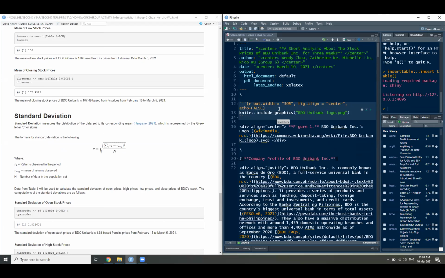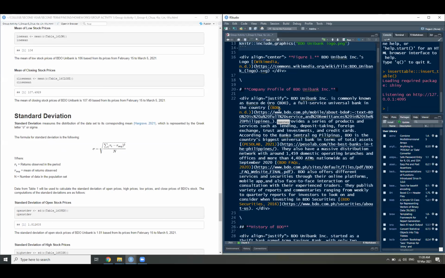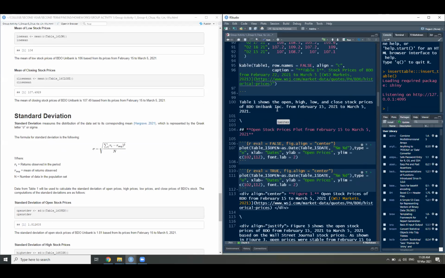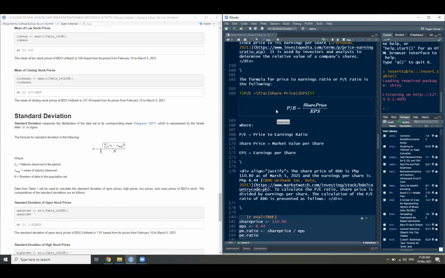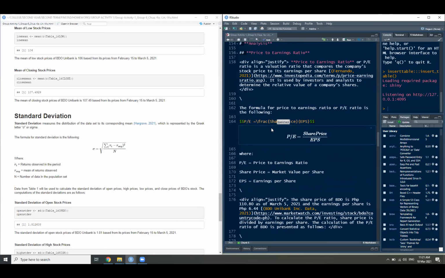Please go to your formula. The PE ratio formula. How did you generate that divisor?